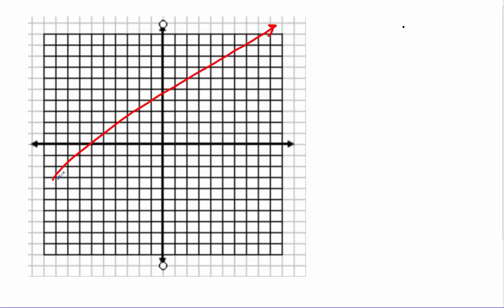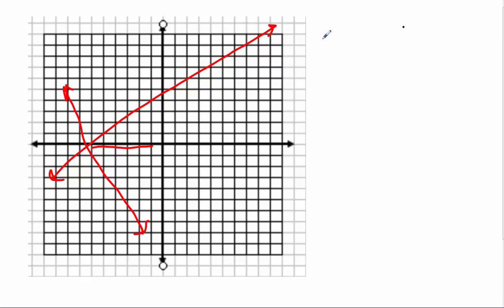If you remember from a system of equations, there are three types of solutions. Say we have a graph here, and these two lines intersect right there. They have one solution, and that solution is just the coordinate of their intersection.